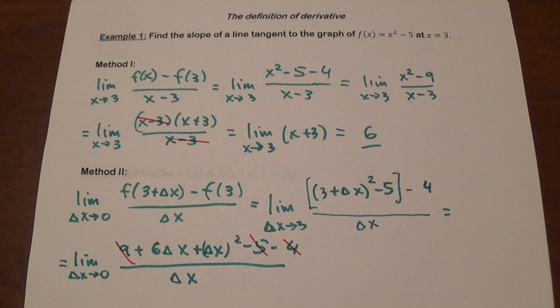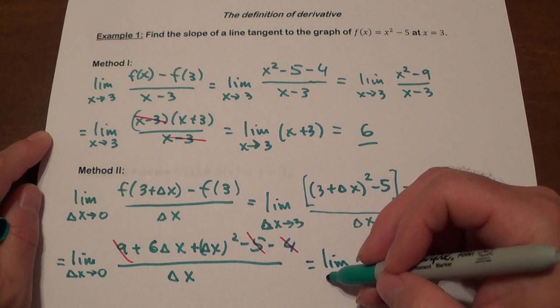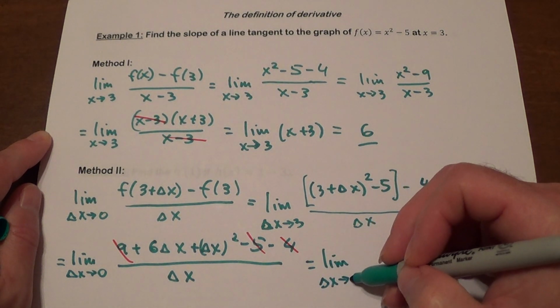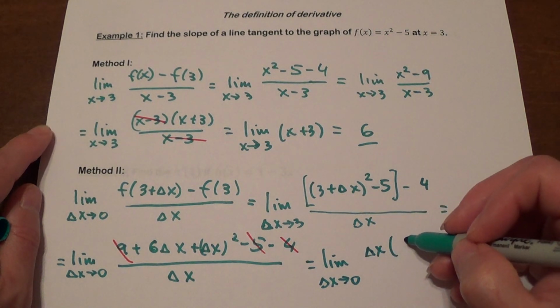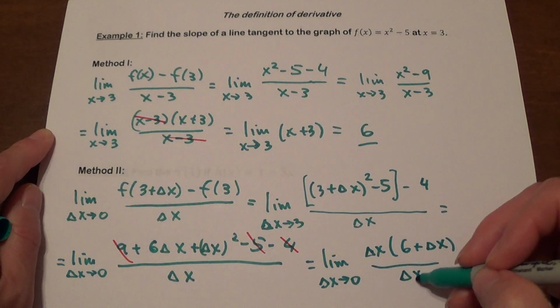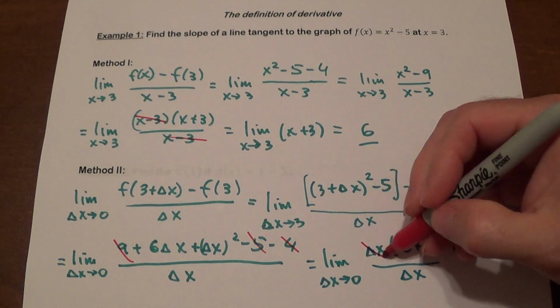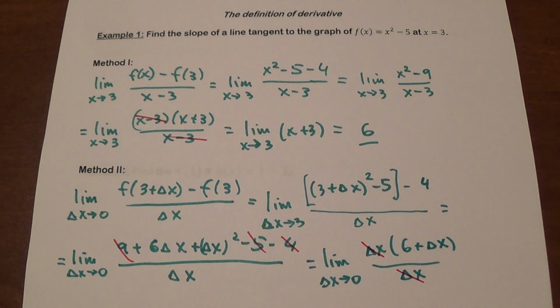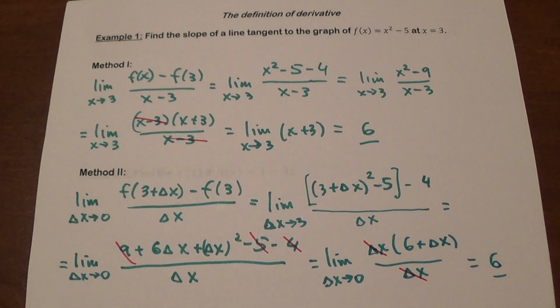After that we have delta x. Both terms on top contain delta x, so we are going to factor it out. So we have the limit as delta x approaches 0. We factor out delta x. That's going to leave us with 6 plus delta x divided by delta x. After that, delta x cancels and basically gives you 1. And then you're just going to have 6 plus delta x. When delta x approaches 0, you are going to get 6. So we get the same answer.